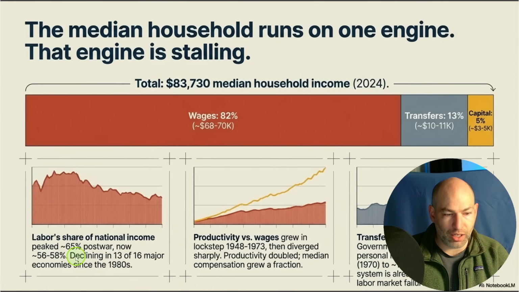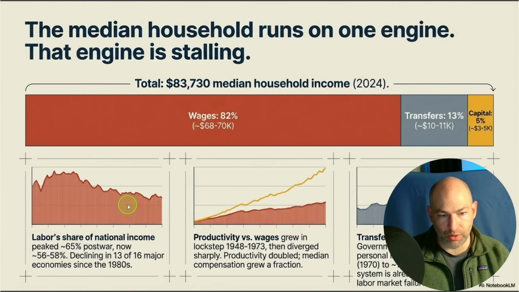Labor share of national income is declining in 13 out of 16 major economies since the 1980s. So basically that means that capital is eating labor. And when we say capital is eating labor, that means that the returns on capital have been increasing over time, which means that less and less income that the economy generates actually goes to wages.